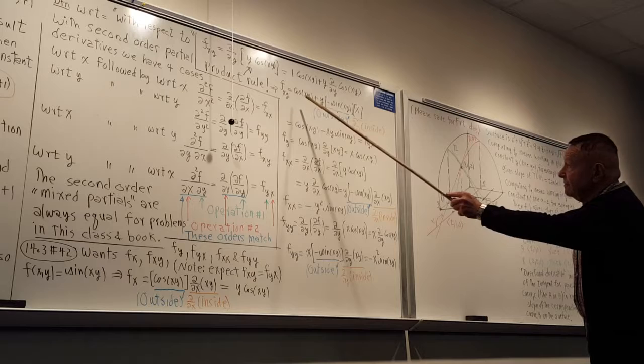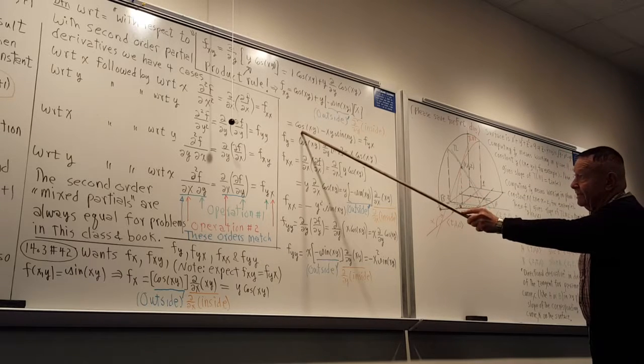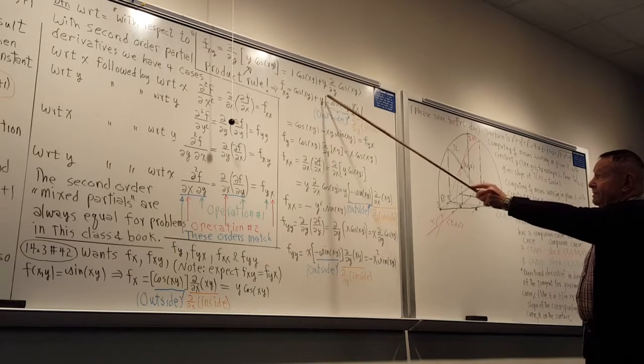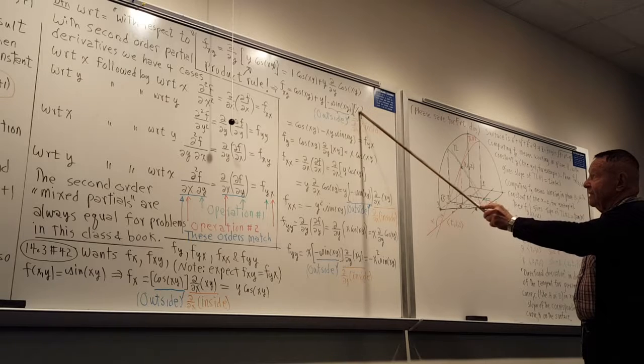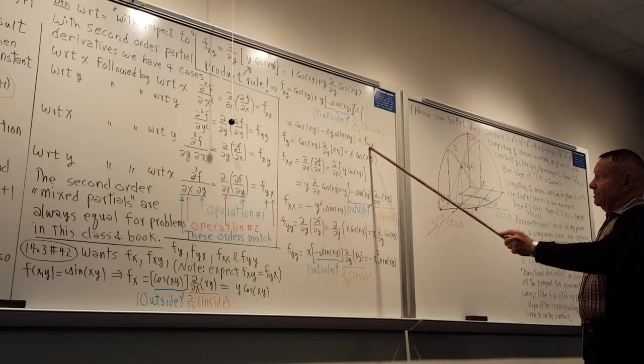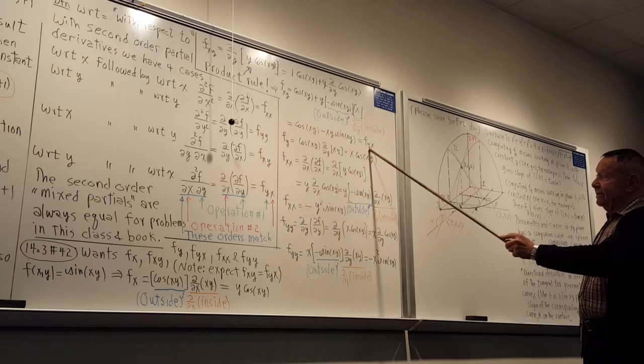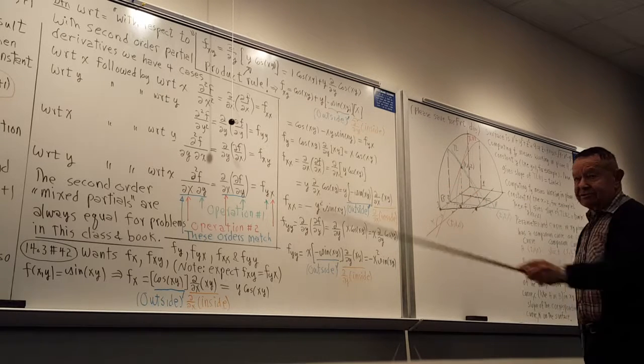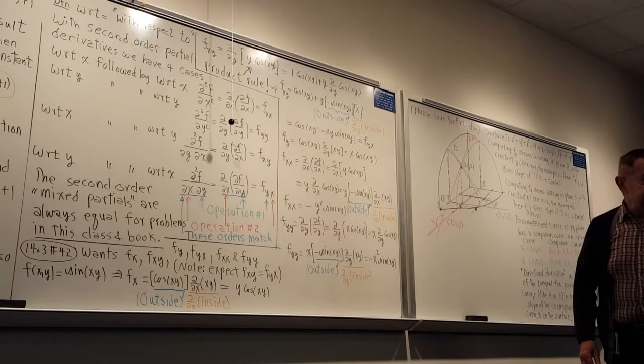So then I have cosine xy minus this x and that y sine. So that's my fyx as well as fxy, because they're always equal.